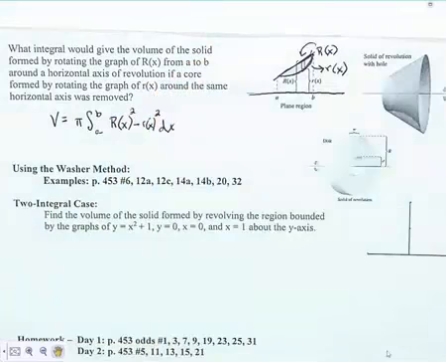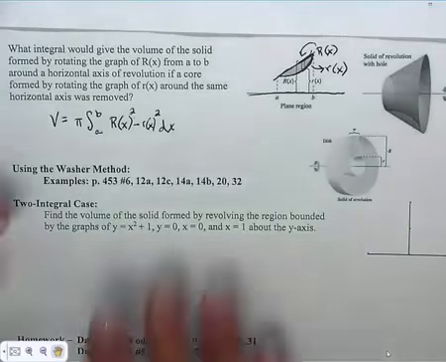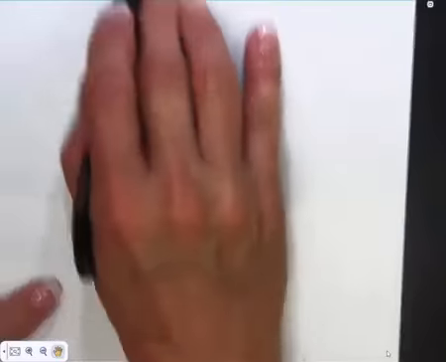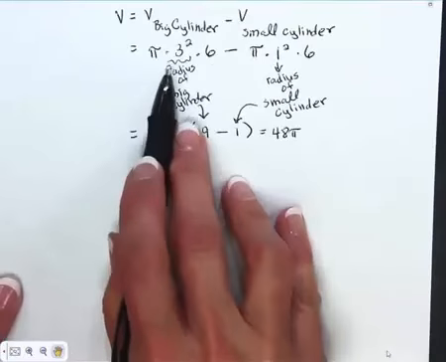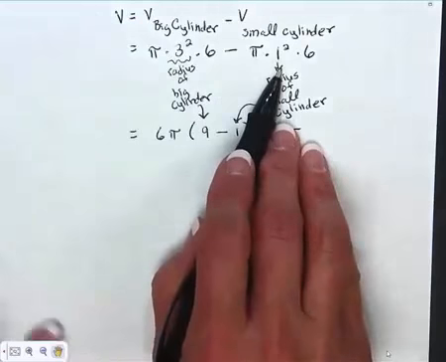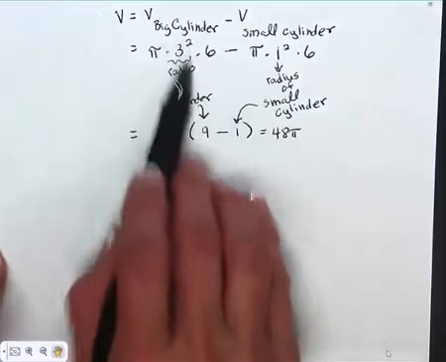Aaron, we're almost to your question now. Here we had to square both the little radius and the big radius before we subtracted, because we were getting the area of the big cylinder.